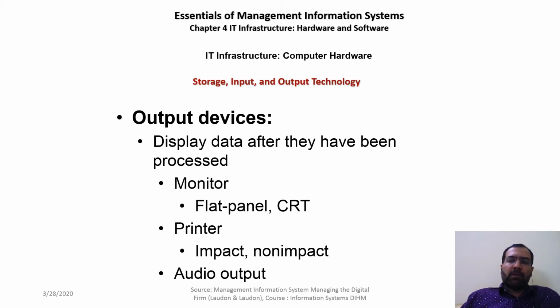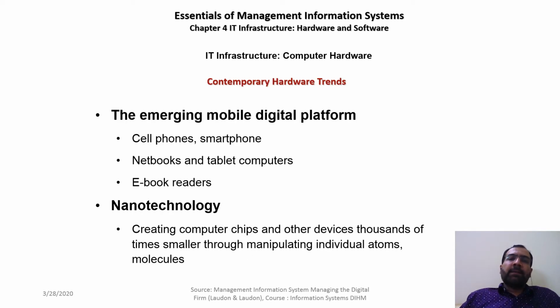Now we're talking about 3D printers as well, impact printers and non-impact printers, and so on and so forth. I think you already had this discussion in your prerequisite course, so I will not go into detail of these devices.